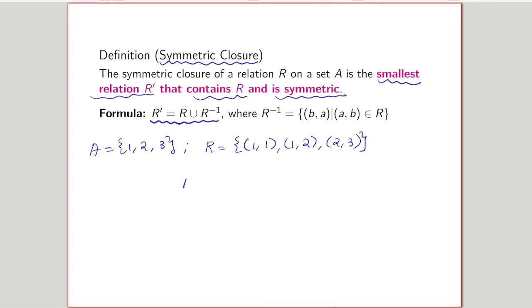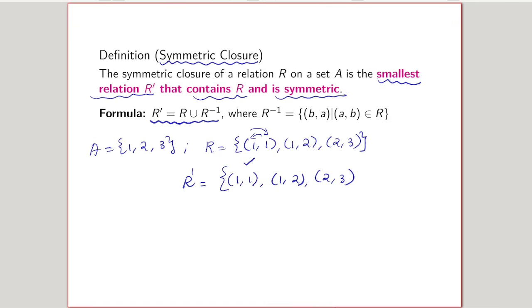Now R dash is R union R inverse. First I write all the elements in R. Next I include all the elements in R inverse, where we interchange the places of the elements in R. Interchanging 1 and 1 in the first element, I get (1, 1), which is already there.